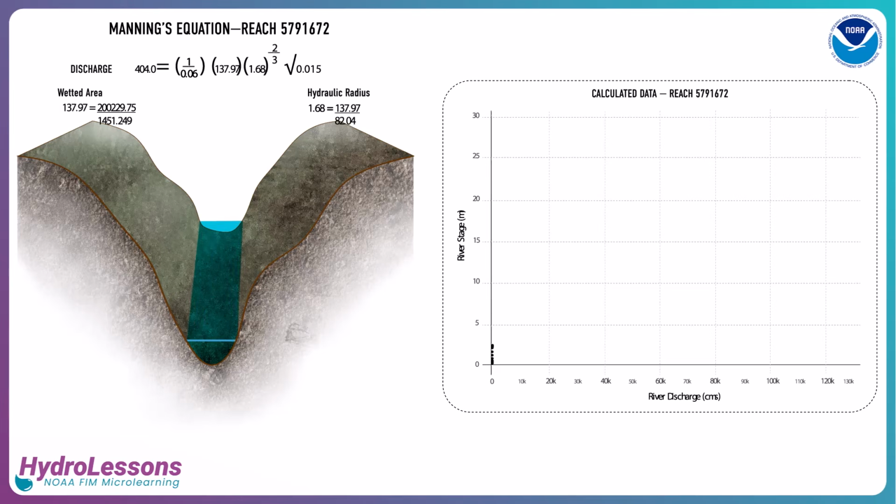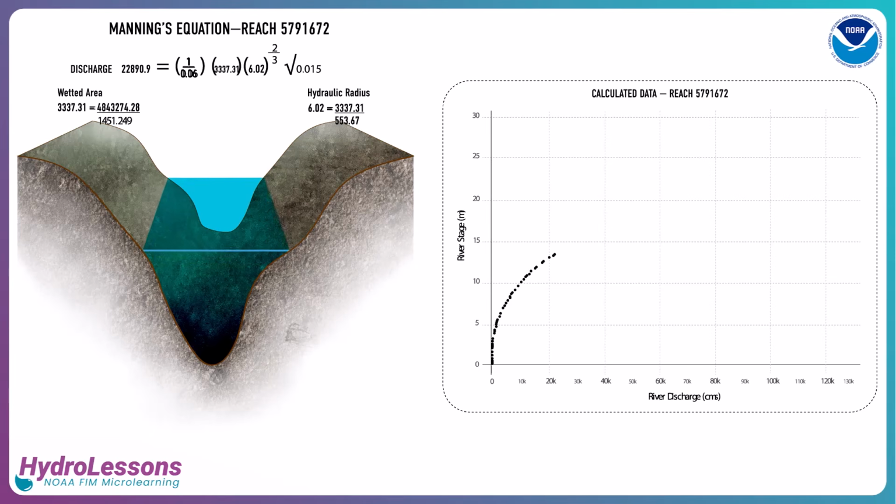SRCs are developed using digital elevation models, or DEMs, to initially capture terrain data, including channel and floodplain geometry. Next, the model evaluates a series of potential water levels and calculates the hydraulic properties, such as flow area, wetted perimeter, hydraulic radius, channel slope, and surface roughness for each level.